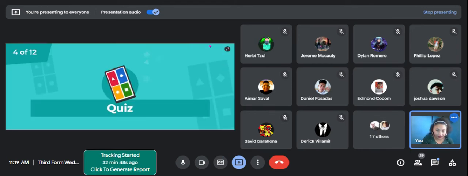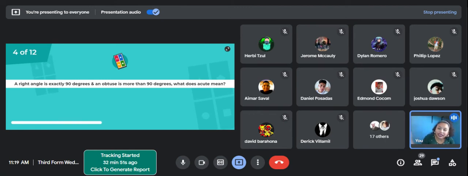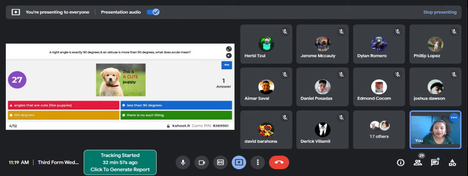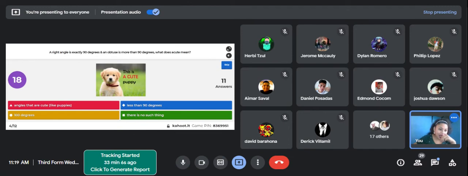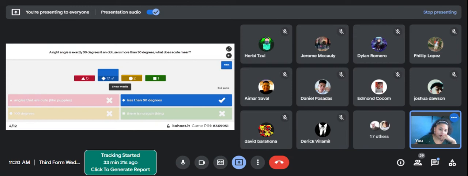Okay, next one. A right angle is exactly 90 degrees and an obtuse angle is more than 90 degrees. What does acute mean? Okay, less than 90 degrees.